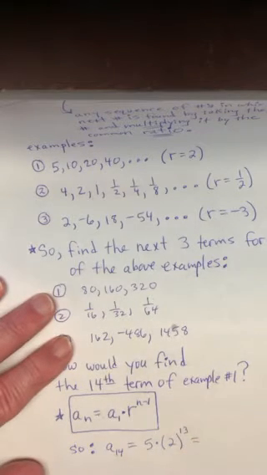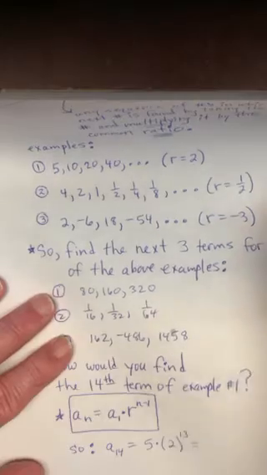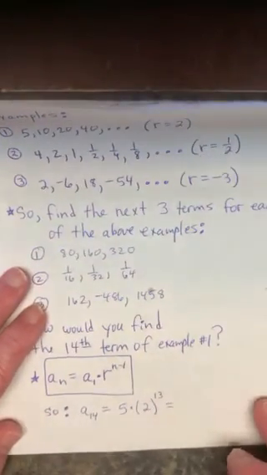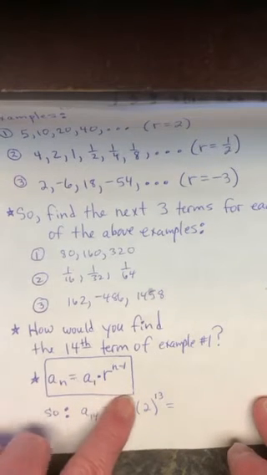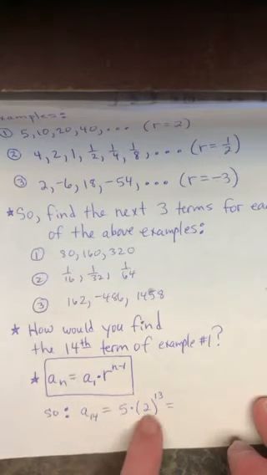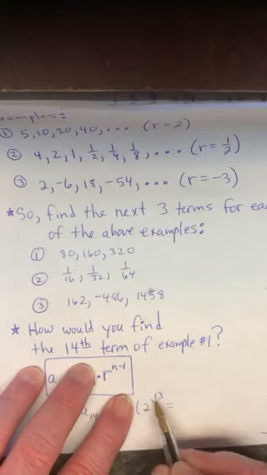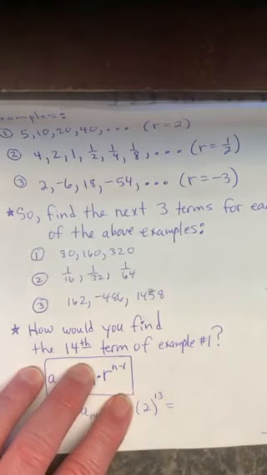Now, guys, some of you did not use the order of operations correctly on your last homework assignment. Order of operations says always do exponents first. Don't take 5 times 2 and get 10. The ratio is what's being raised to the 13th power. So on my calculator, I'm hitting 2 raised to the 13th power, which is 8192.